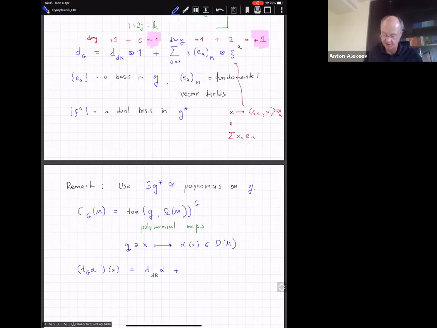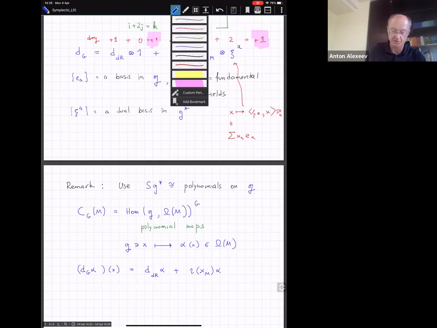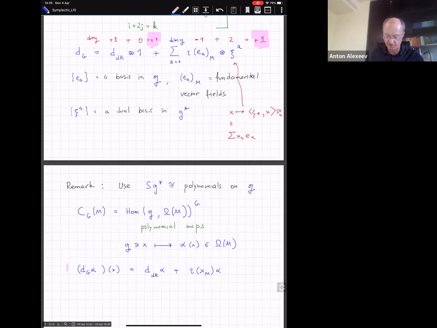Why I'm saying that is because the second term, which looked a little complicated and mysterious, just transforms into the contraction with the vector field X^M. Here e_a times ξ^a is actually our X, and we contract with that vector field. That's what we work with in most cases.